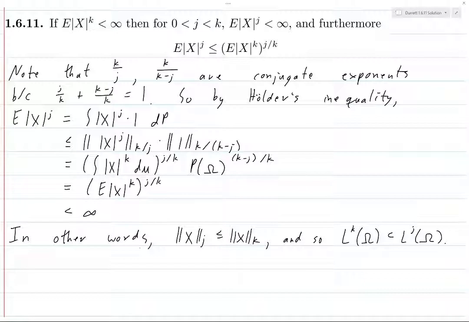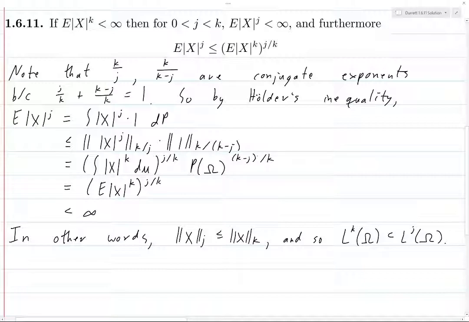And this inequality that says the integral of |X|^j is less than or equal to the integral of |X|^k to the power of j over k, that inequality still holds so long as you keep that extra factor of the measure of the space to the power of (k minus j) over k.